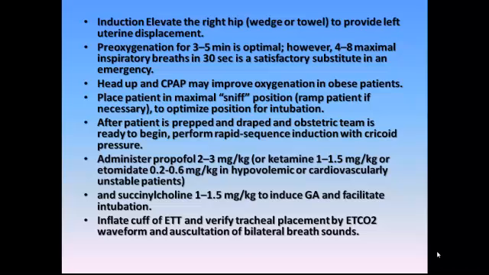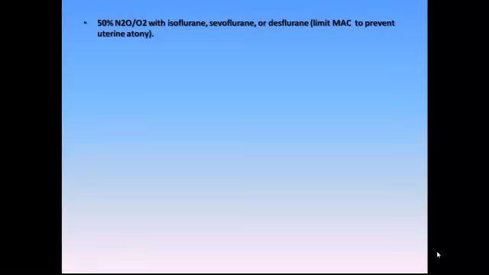Inflate the cuff and verify tracheal placement by end-tidal carbon dioxide waveform and auscultate bilateral breath sounds. Nitrous oxide or Entonox with isoflurane, sevoflurane or desflurane may be used. We have to limit the MAC to prevent uterine atony.